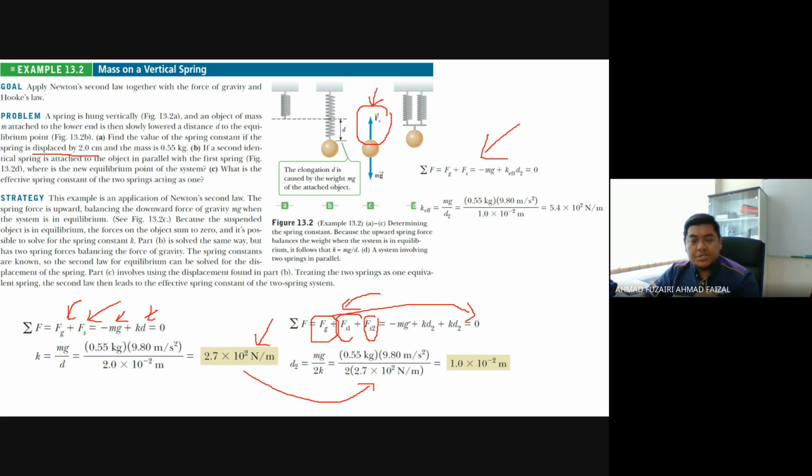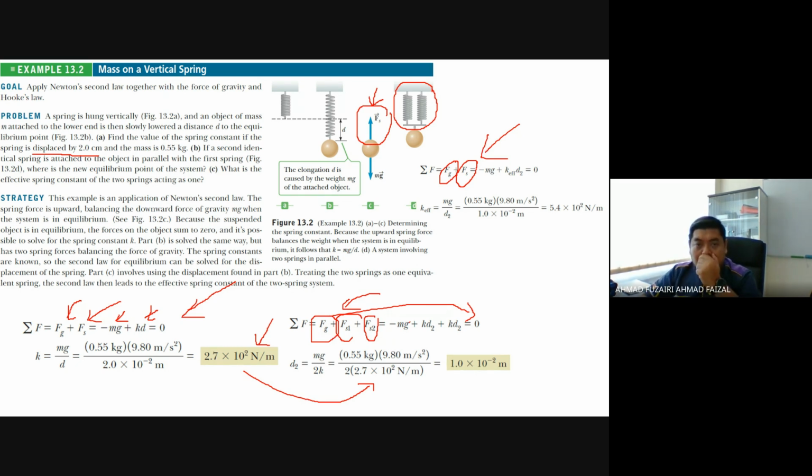The summation of F equals 0 involves mg and also the spring. But this spring is now used as one system only, just as the one we did in the first question. We have calculated at part B the equilibrium point for both parallel springs.